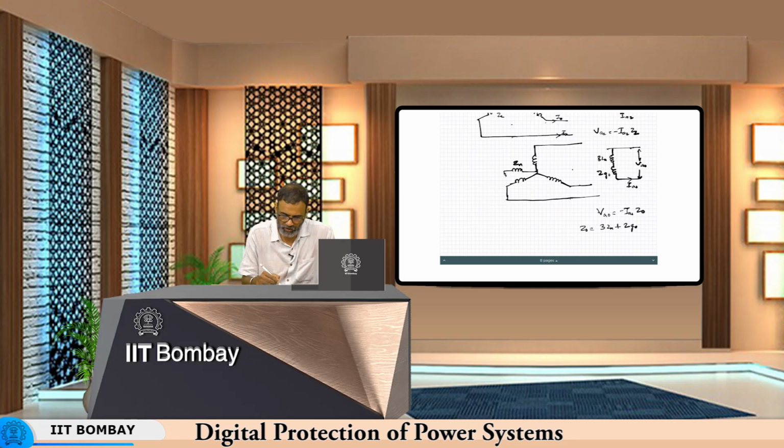So, when you consider impedance in the neutral or grounding impedance, it will manifest as 3 Zn in the zero sequence network. That is because you have 3 I0, which is Ia0 plus Ib0 plus Ic0, which are equal, flowing through the neutral. And you want to depict it in terms of I0 only.